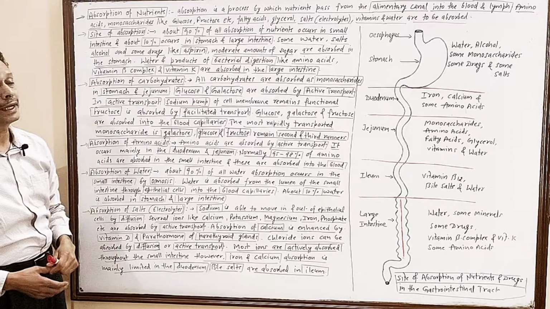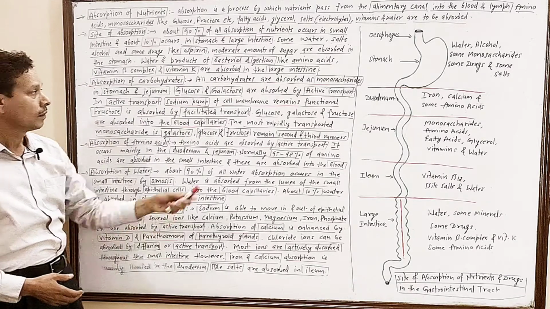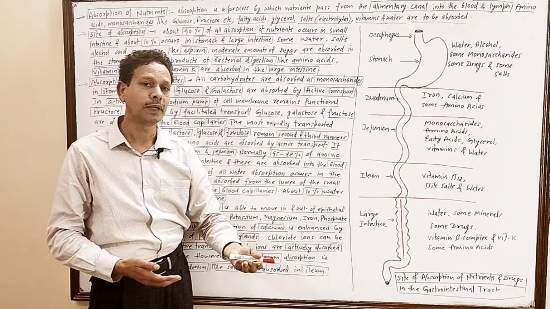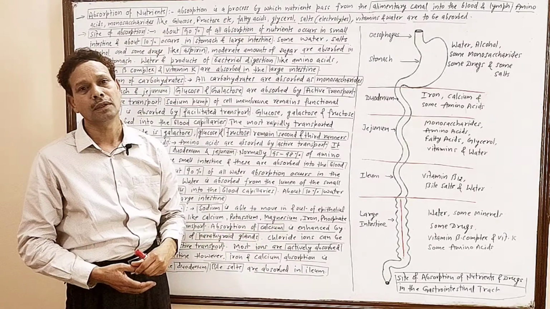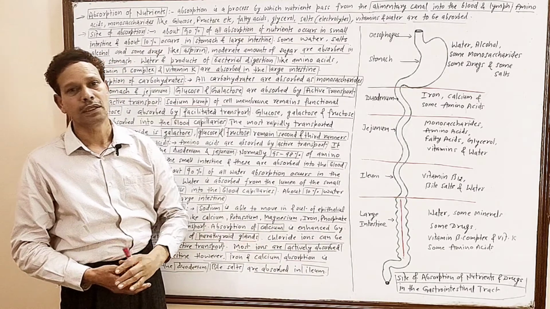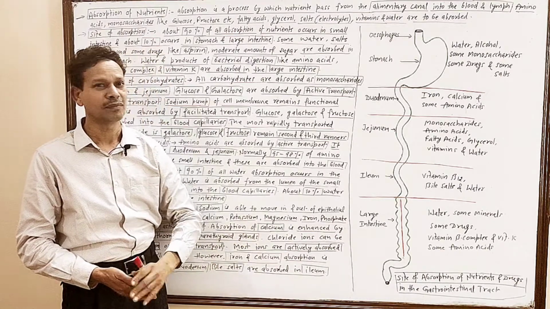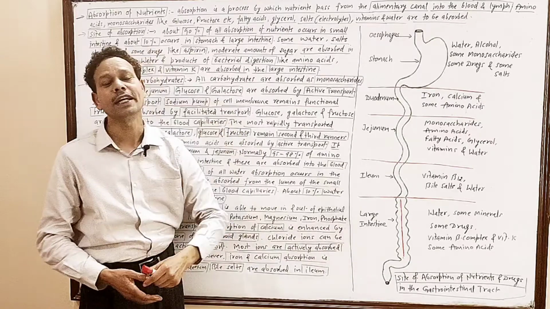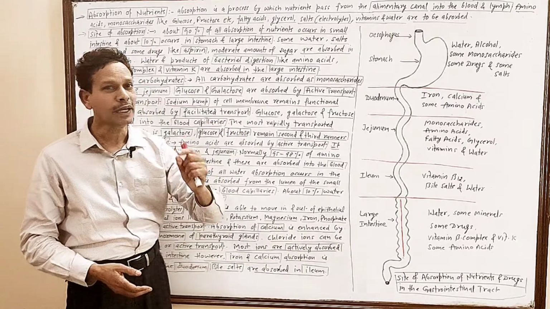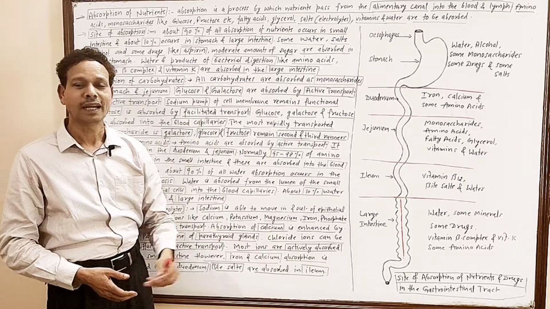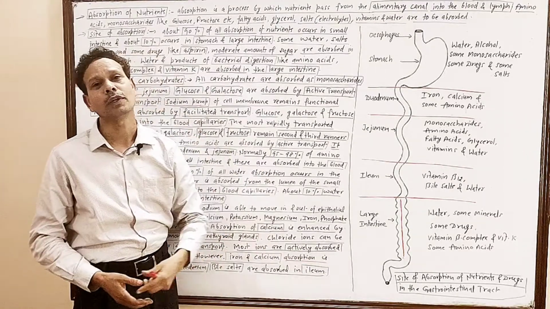Absorption of carbohydrates. Carbohydrates are absorbed in simple forms, in monosaccharide forms like glucose, galactose and fructose. Dear students, note down, NEET students particularly: absorption of glucose and galactose occurs by active transport.